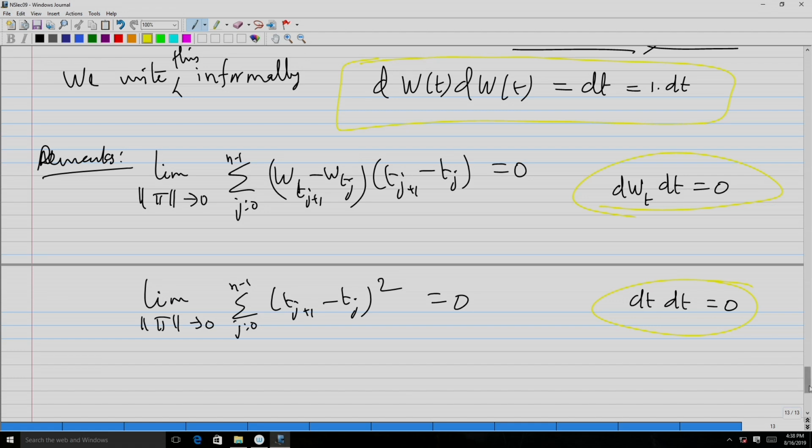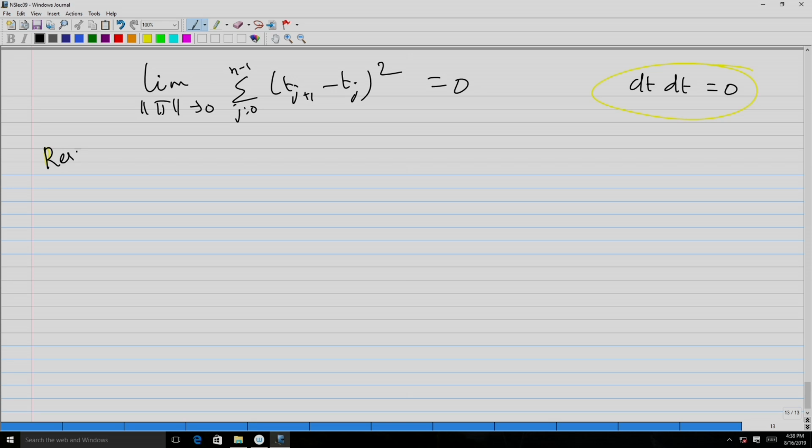Now, by using the quadratic variation property of W, one can also show that the first order variation of Brownian motion is infinite in the almost sure sense.